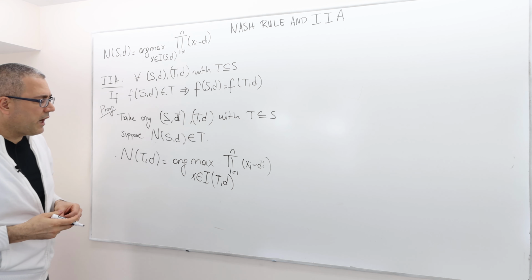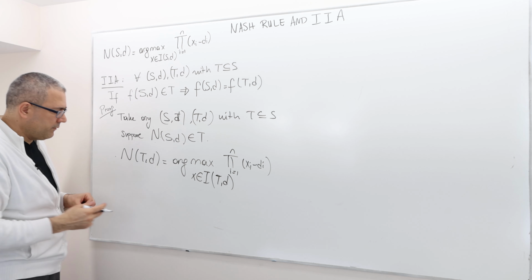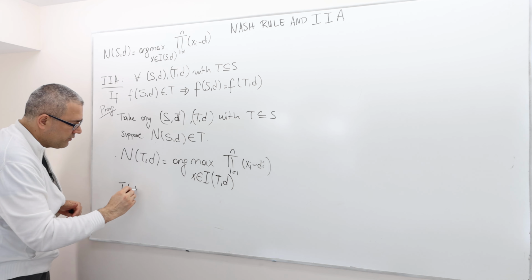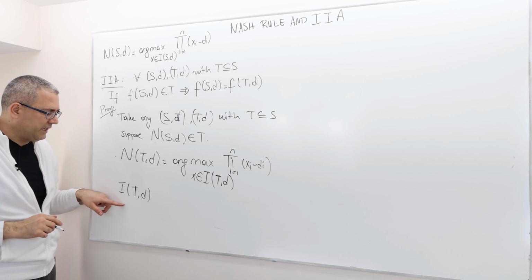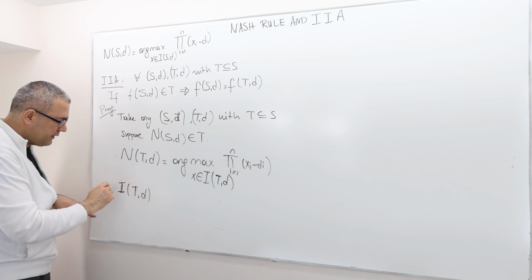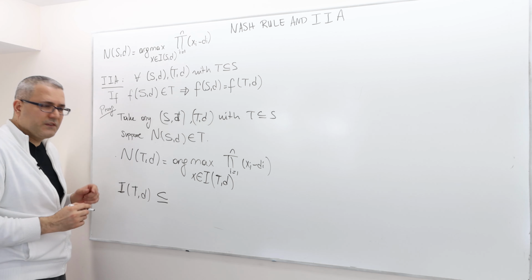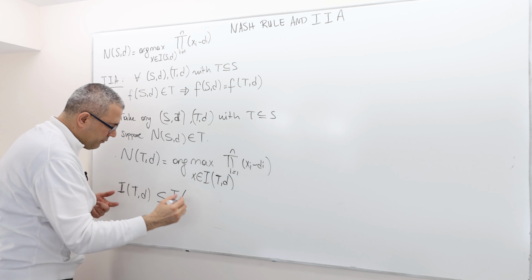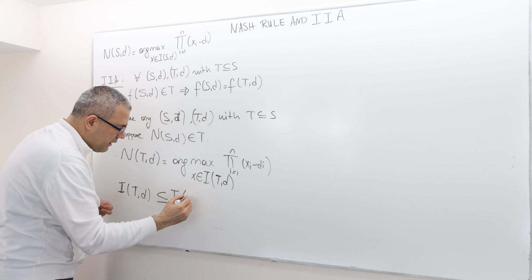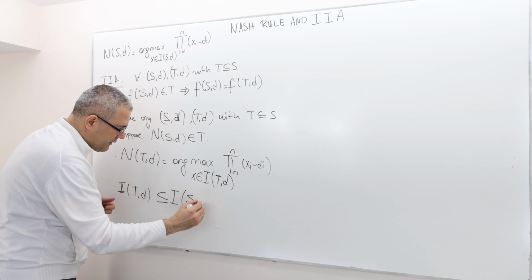What I want to say is the following. What is this set of individually rational payoff vectors in this bargaining problem (T, d)? Well, it has to be a subset of the individually rational payoffs in the set (S, d).